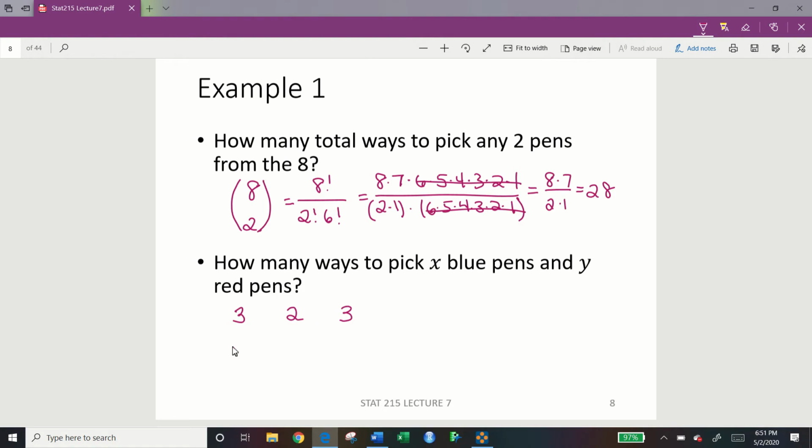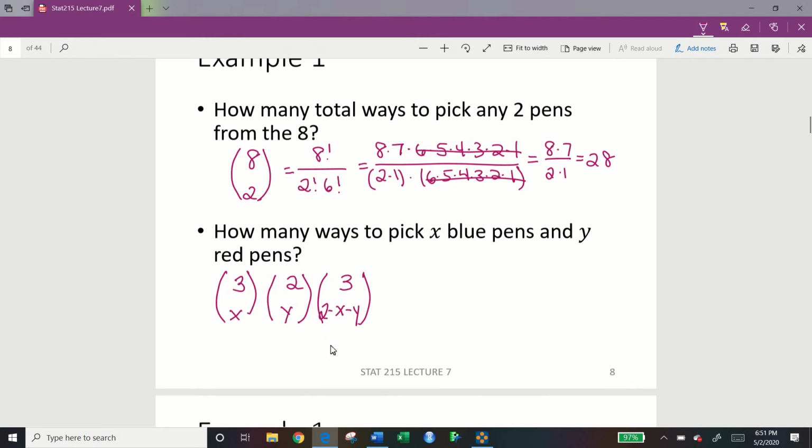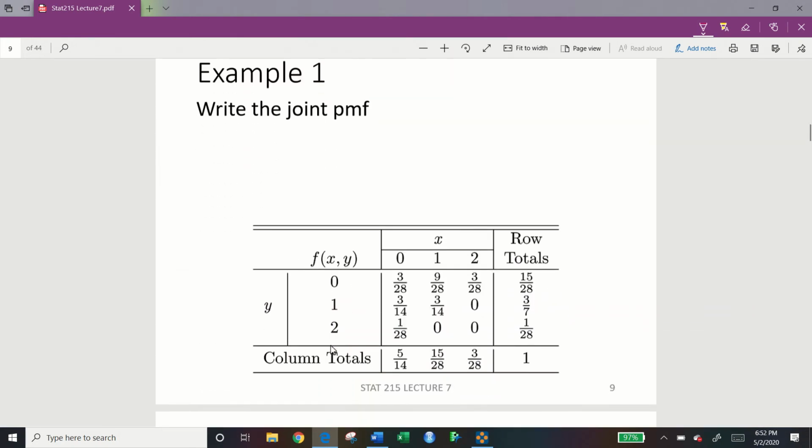We'll let X be our number of blue pens that are selected, Y be the number of red pens that are selected, and since we're only selecting 2 pens, it'll be 2 minus X minus Y to leave us with the remaining pens selected. At this point, we're going to have to leave things as they are. We can't solve for X and Y at this time. We'll get there later.